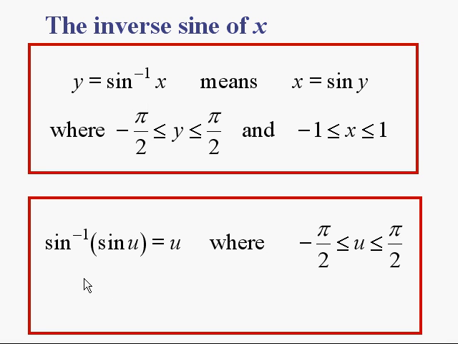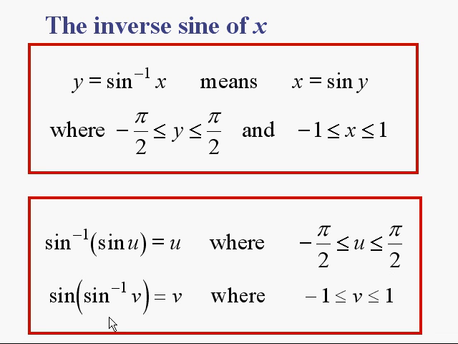Let's say that for an inverse function, algebraically, what happens is the inverse function and the function cancel out. So sine inverse of sine of u is u back, where u is an angle in this restricted domain between -π/2 and π/2.